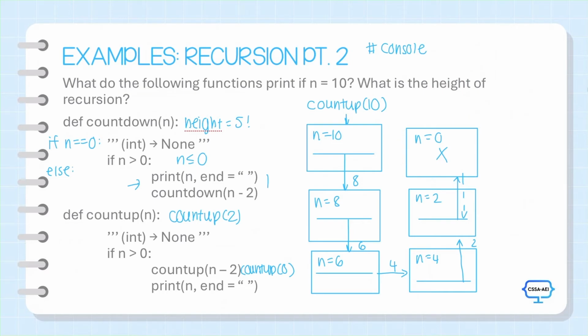Now this is done, and we can do this line. So we're going to print 2. Same with 4. 4 was waiting for 2 to finish. It was stuck on this line as well for count up 2. So now it will also get to print 4.